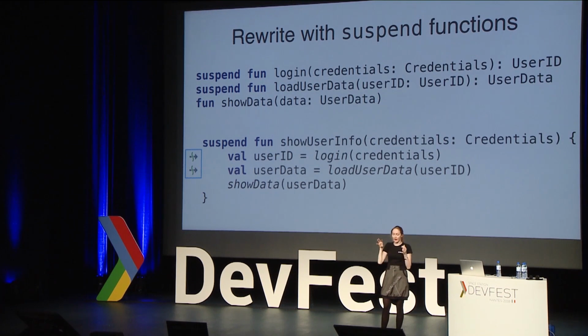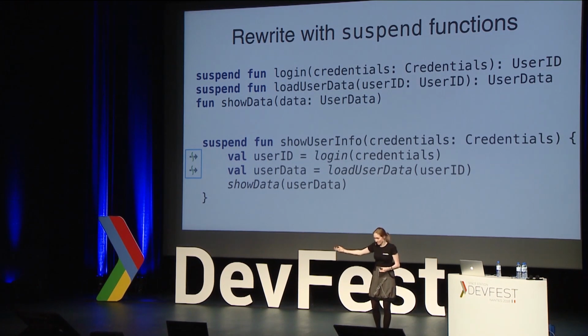So in this case, the showUserInfo function is a computation that might be suspended, possibly in two places, and we clearly see where it can be suspended. At first, it can be suspended when we call login, because it is also a suspend function.